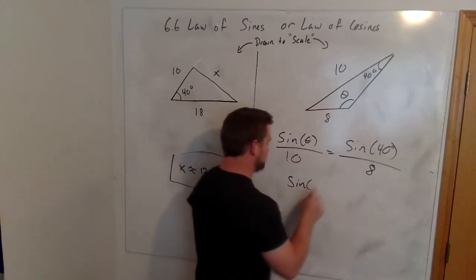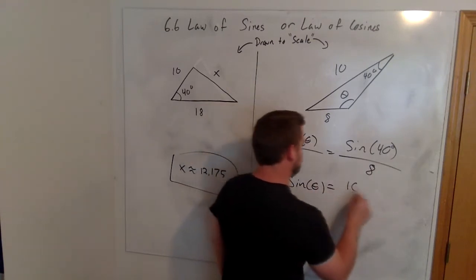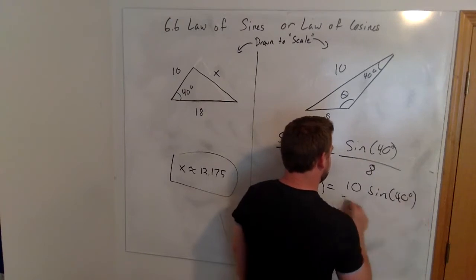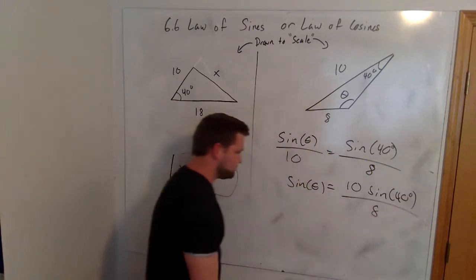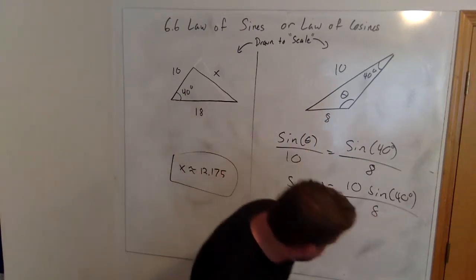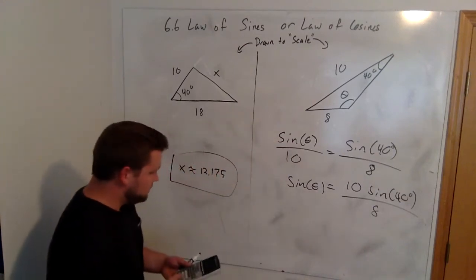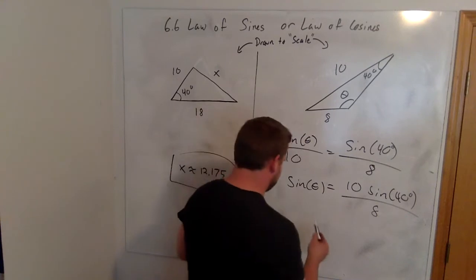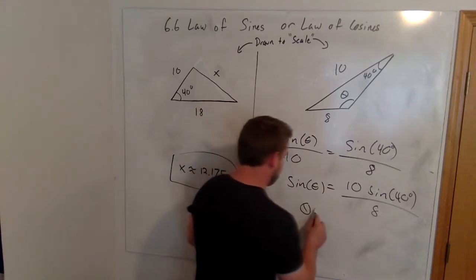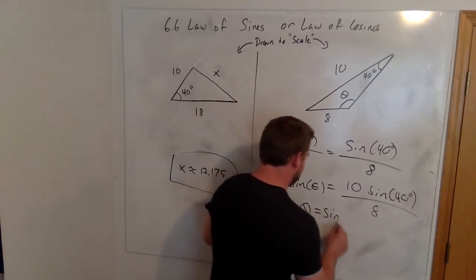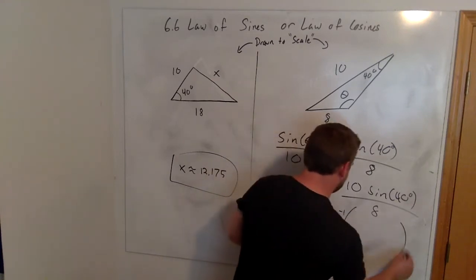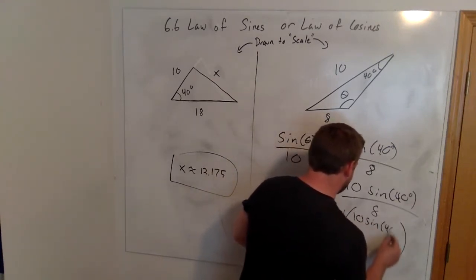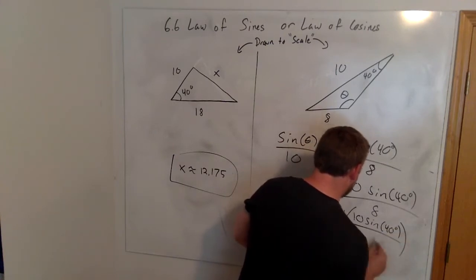So sine of theta will be equal to 10 times the sine of 40 degrees all over 8. Let's see what we get here. Let's just do the sine inverse of this, all in one fell swoop. Theta will be equal to the sine inverse of 10 times the sine of 40 degrees all over 8.